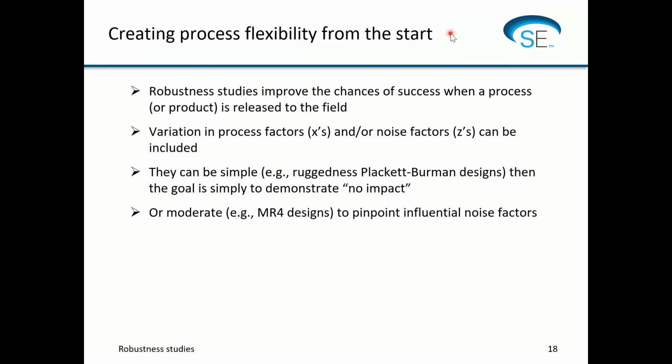We want to make sure that we're robust against what the product will see. Variation in process factors and/or noise factors can be included. So we can look at the variation in our time and temperature, et cetera. Or in this case, remember, we looked at the contaminants that may appear or not appear on any given day, and we don't get to control them. They're just going to be there when they are.